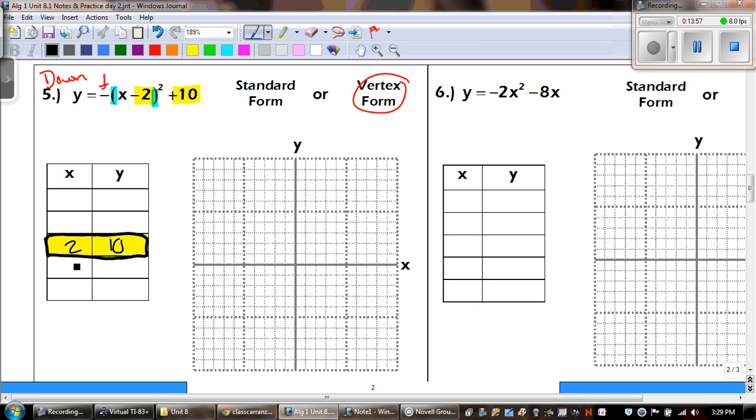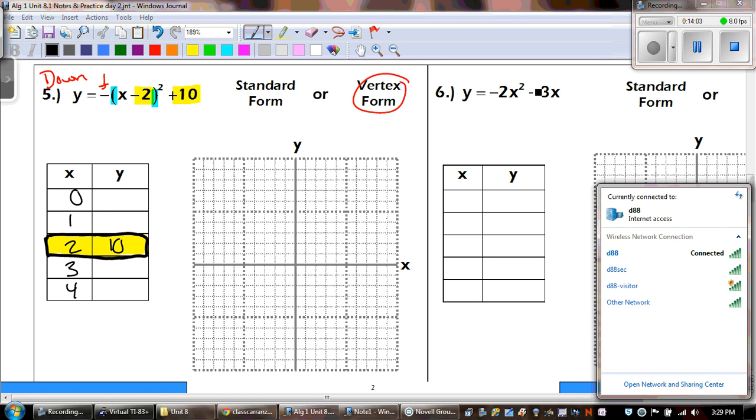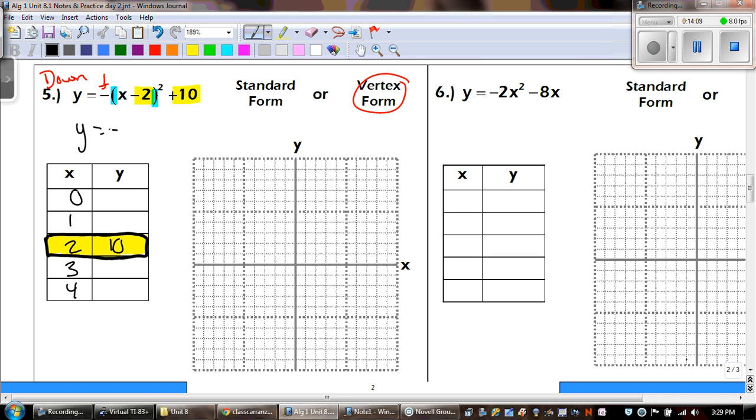We have to go up 2 points and down 2 points. So what I want you to do from here is see if you can plug this in your calculator and get what the graph looks like. Okay, so go ahead and pause the video and good luck.